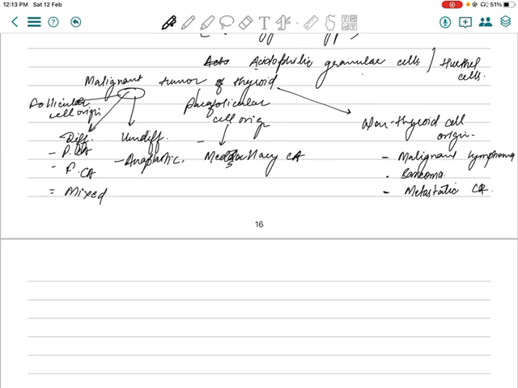So just to review, malignant tumors of the thyroid: we have follicular cell origin, then parafollicular cell origin.